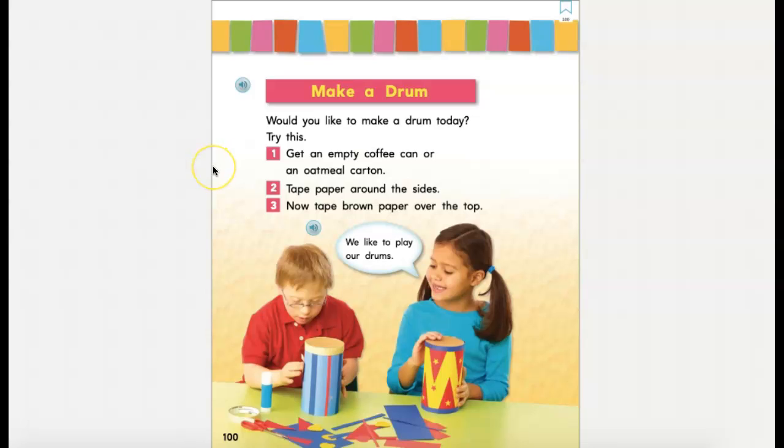Step 1 says to get an empty coffee can or oatmeal carton. Step 2 says tape paper around the sides. And step 3 says now tape brown paper over the top. And our girl is saying, we like to play our drums.